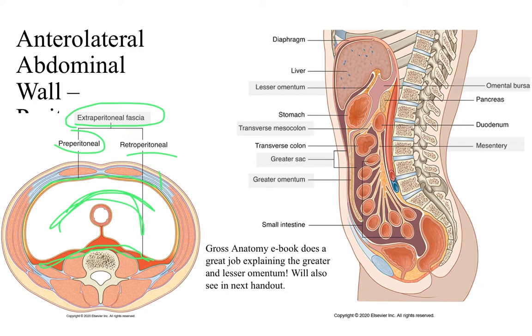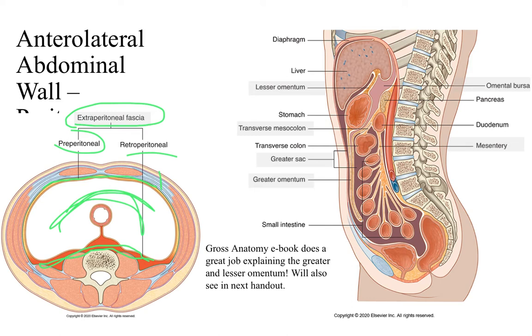All right, and these peritoneal fascias make up what you know as the peritoneal membrane, and just like the pleural membranes that surround the lungs and the pericardial membranes that surround the heart, the peritoneal membranes are also a double layered membrane that have two sides.